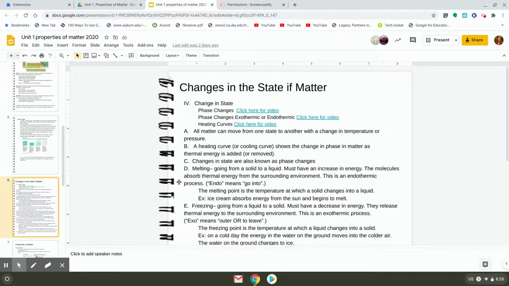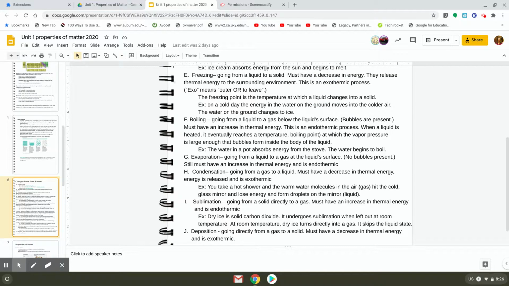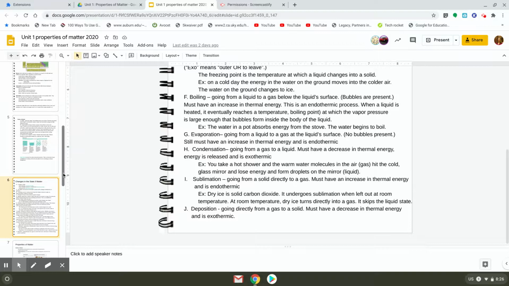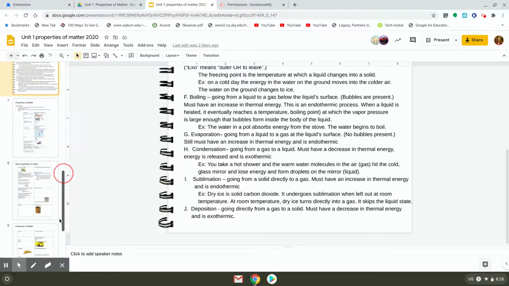So sublimation is one of those crazy ones that skips. It goes straight from solid to gas. There's no liquid in between. So some of those tricky ones like sublimation and deposition, you may have to look up, and this is the page you will find them on. But for the most part, those are things that you should already know if you think in terms of how we talk about water. Next page.